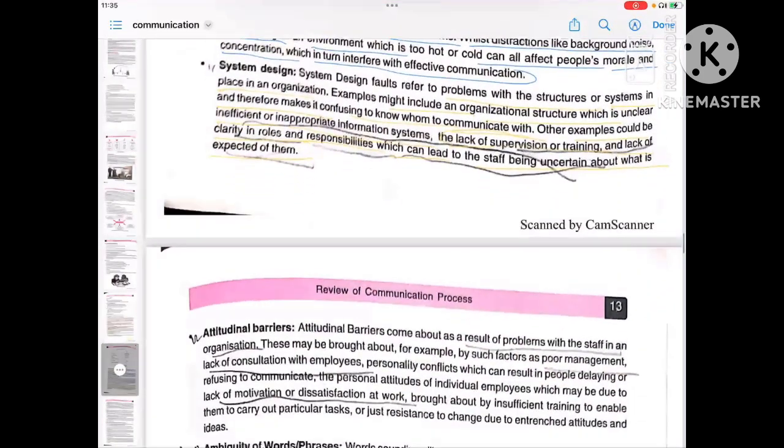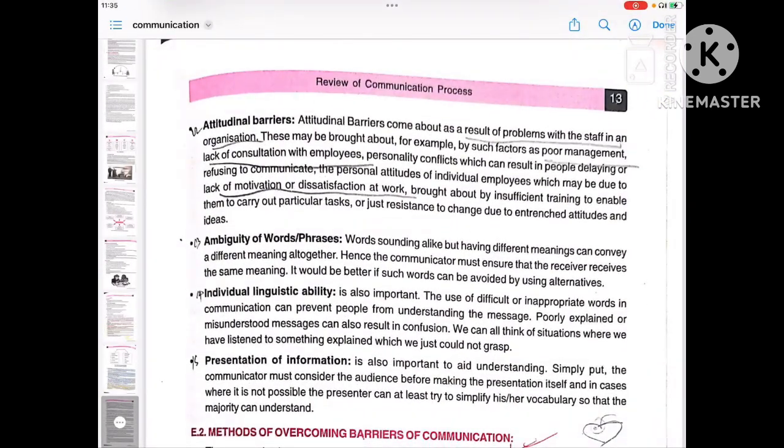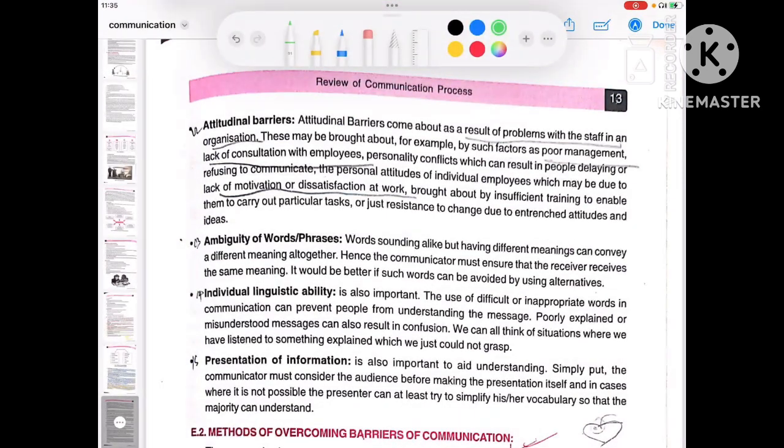The next one is the attitudinal barriers. Attitudinal barriers come about as a result of problems with the staff in the organization and their attitudes. These may be brought about by factors such as poor management, lack of consultation with employees, and personality conflict, which can result in people delaying or refusing to communicate.